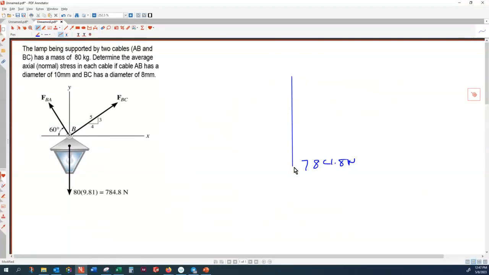Then from the end of this one, I draw a line with a 60-degree angle. That is the direction of FAB. And from the beginning, I draw a line parallel to that line. So this is FBC, and that is FBA. So this triangle can be easily solved.